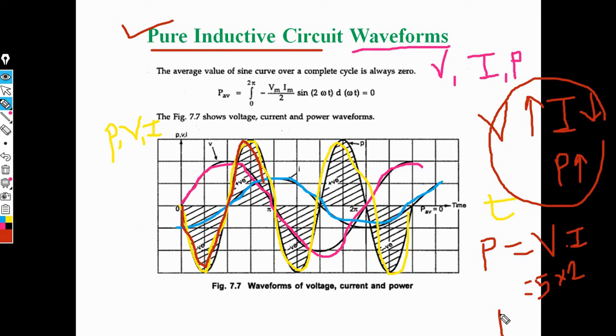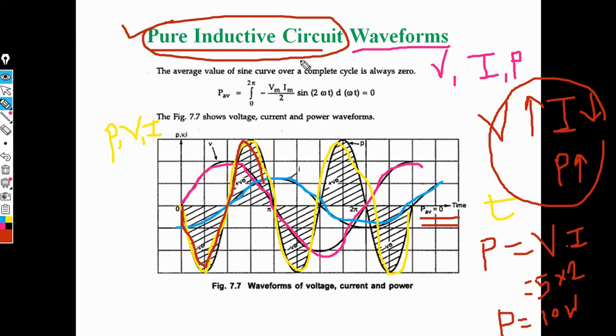Then power is 10. This power is maximum in a pure inductive circuit. That means power is equal to the product of voltage and current.